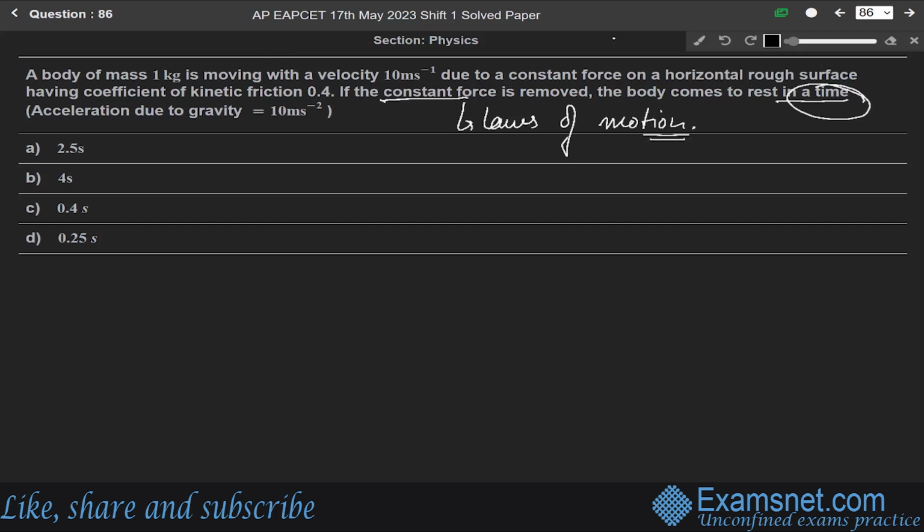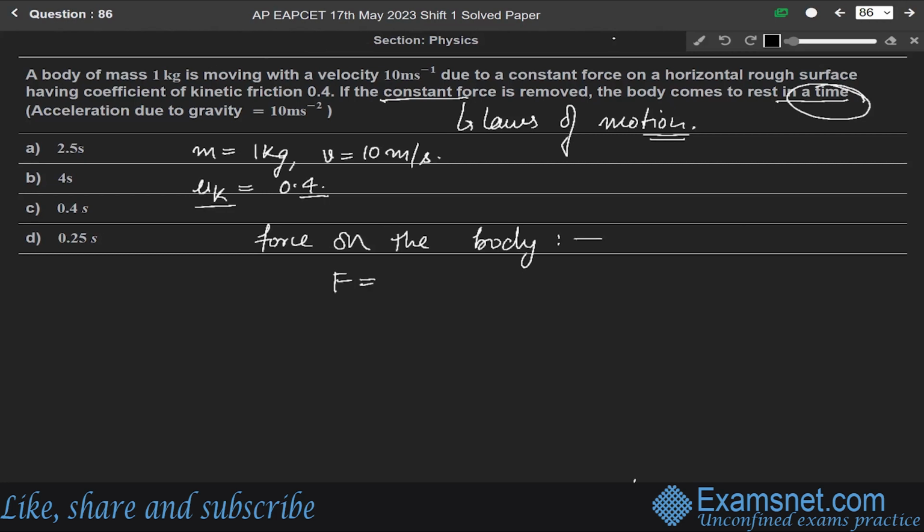This question is from the chapter of laws of motion again. So according to the question, we are given mass equals 1 kg and velocity is given as 10 meter per second, and coefficient of friction mu k is given as 0.4. Okay. We know that the force on a body, since we are given the coefficient of friction, we write F equals mu k into mg.